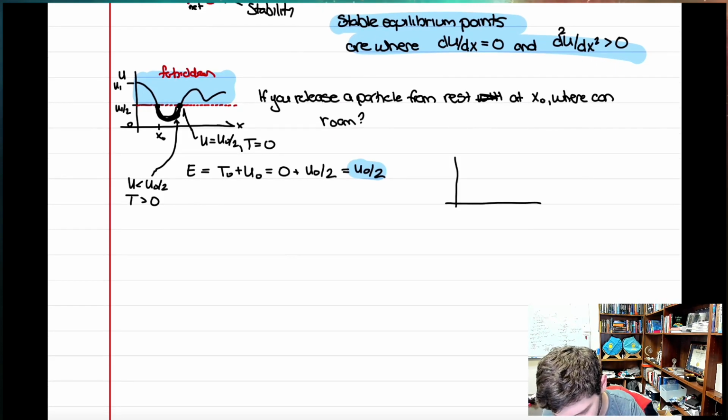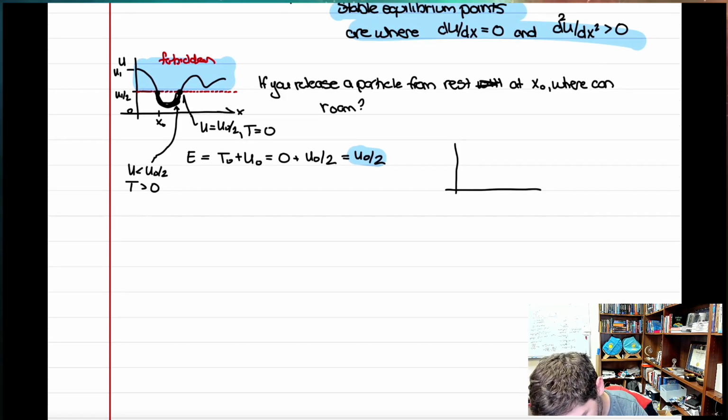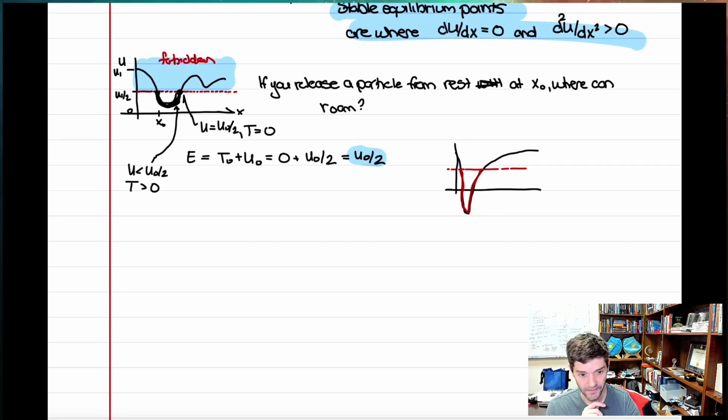I'm blanking on the names of the scientists, but essentially it drops down, then comes up and plateaus because of the Coulomb 1/r dependence. So if you had an electron whose total energy was something like this, then the electron would be stuck somewhere in this location near the nucleus.